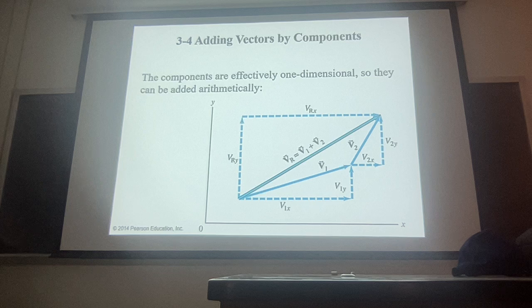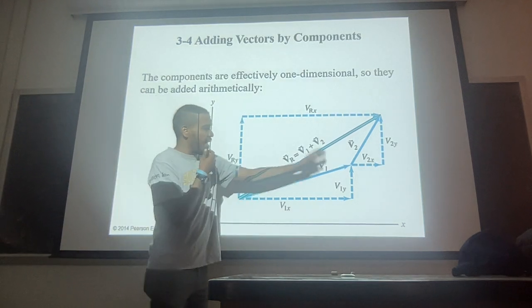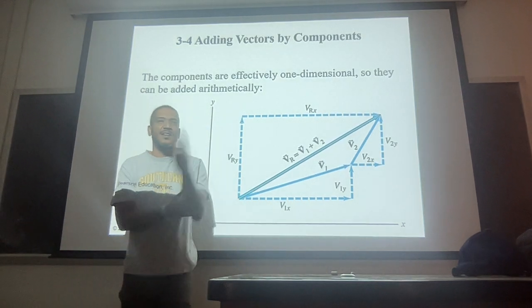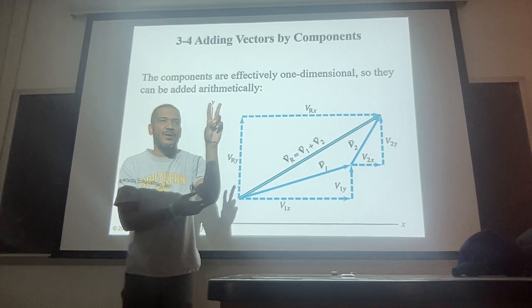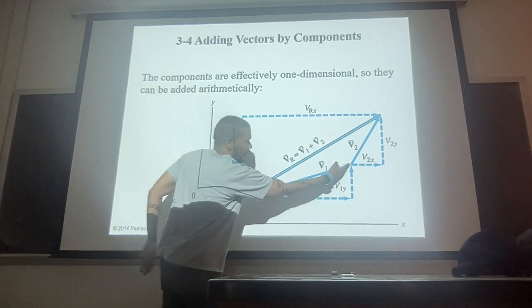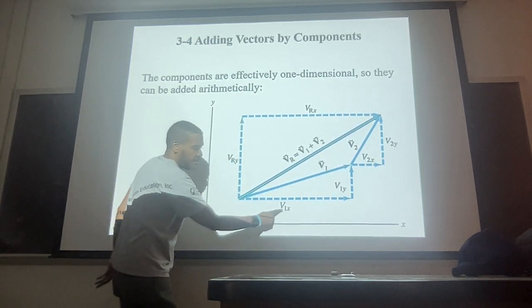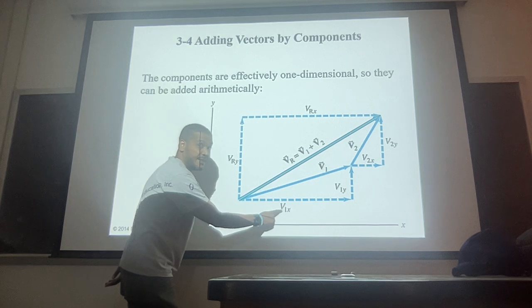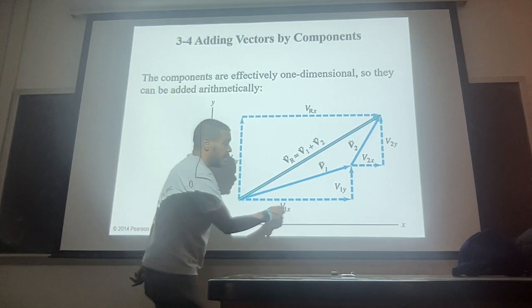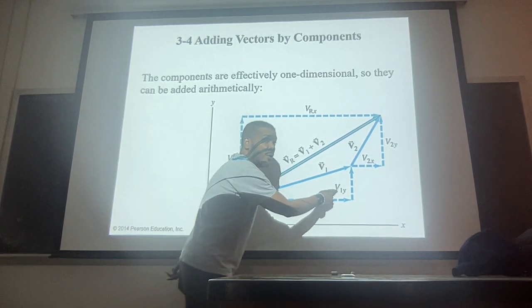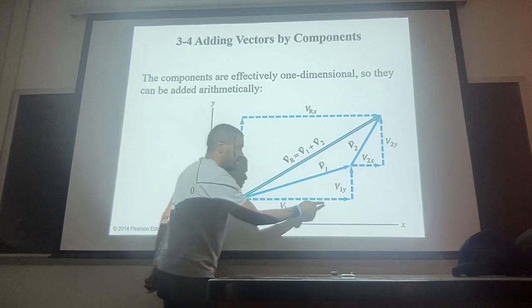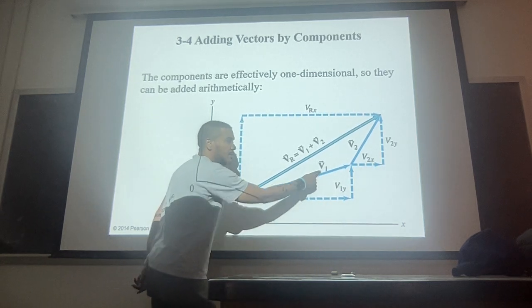And so, basically, we look at this, right? And we look at every vector as being broken into what? Two components. Look at this vector. V1, this is the x component of V1. This is the y component of V1. Those two together make up V1.